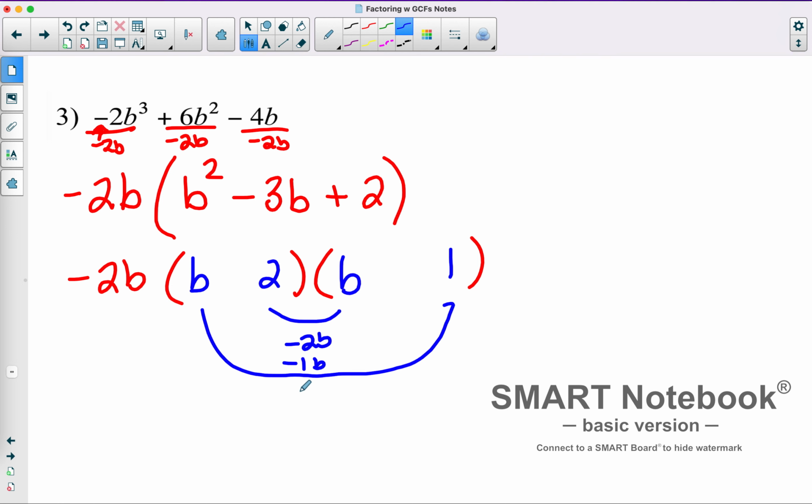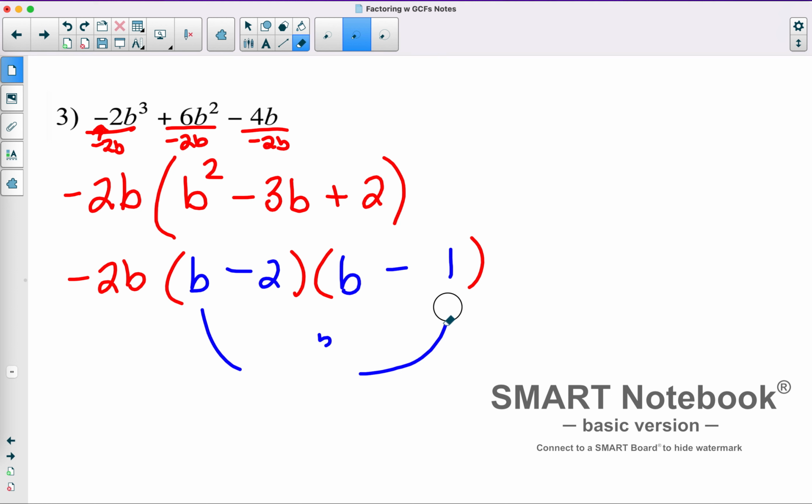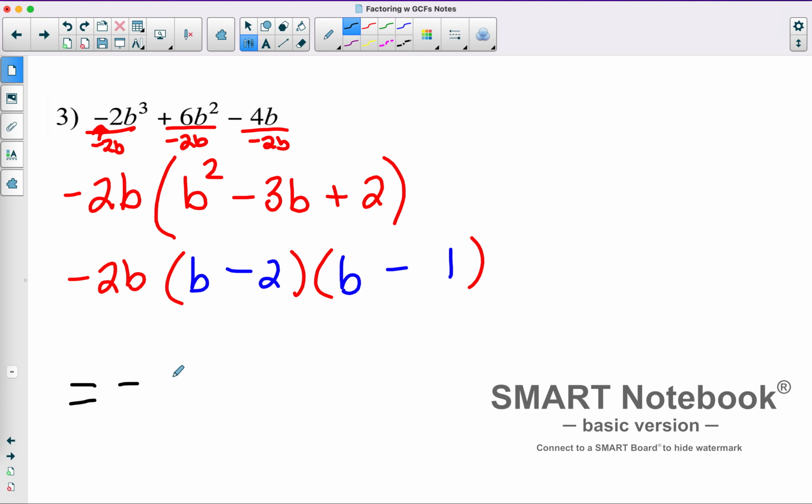But negative 2 and negative 1 would make that negative 3b, so I do need both signs to be negative. If they are both negative, negative 2 times negative 1 is a positive 2. All right, so our final answer in completely factored form is what we have there at bottom, but I'll just rewrite it one more time. So negative 2b, b minus 2, b minus 1.